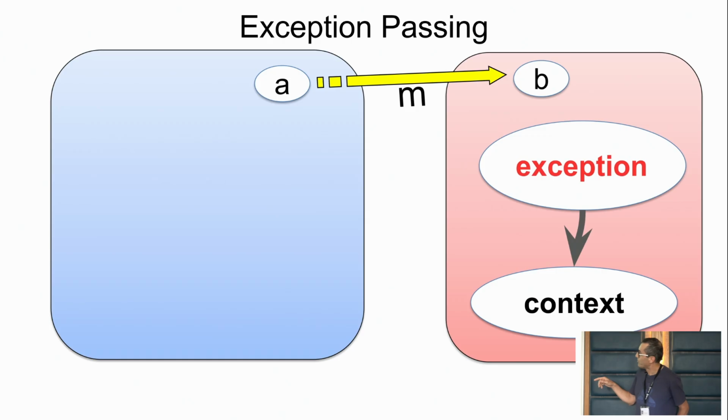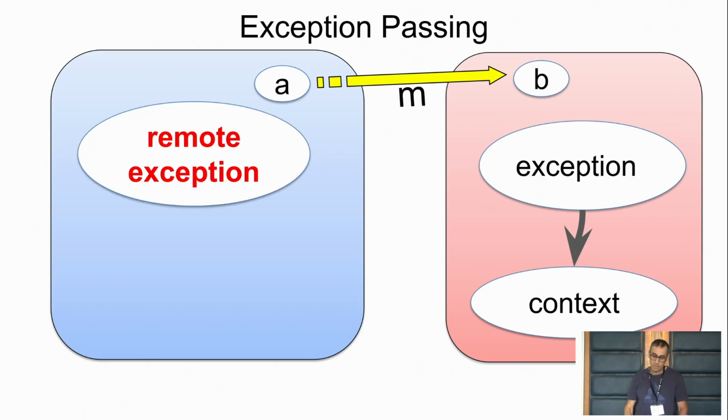So let me recap what I said so far. We have A sending a message to B, and the execution of M on the side of B signals an exception that has some context. On the side of A, we get an object that is a remote exception.